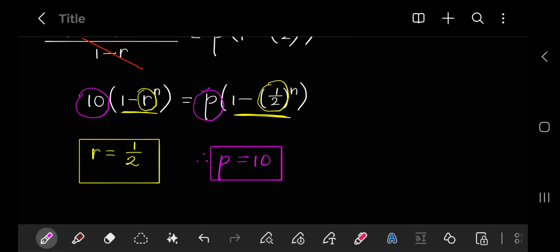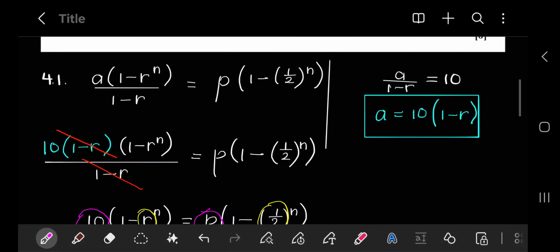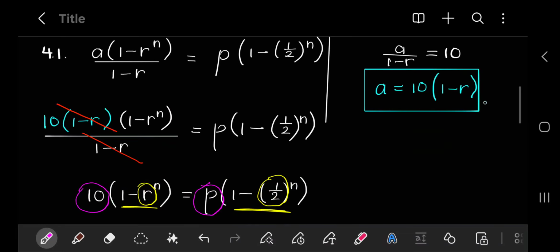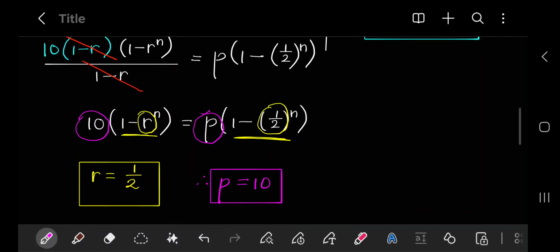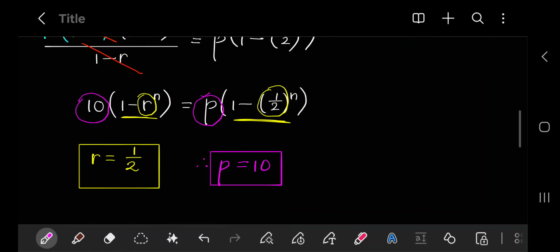So what we've managed to do is, we used a solving simultaneously approach. We made a the subject. We replaced a in the previous equation. We saw that 1 minus r cancelled out. And then we realized that, hey, the left-hand side and the right-hand side are in the exact same format.